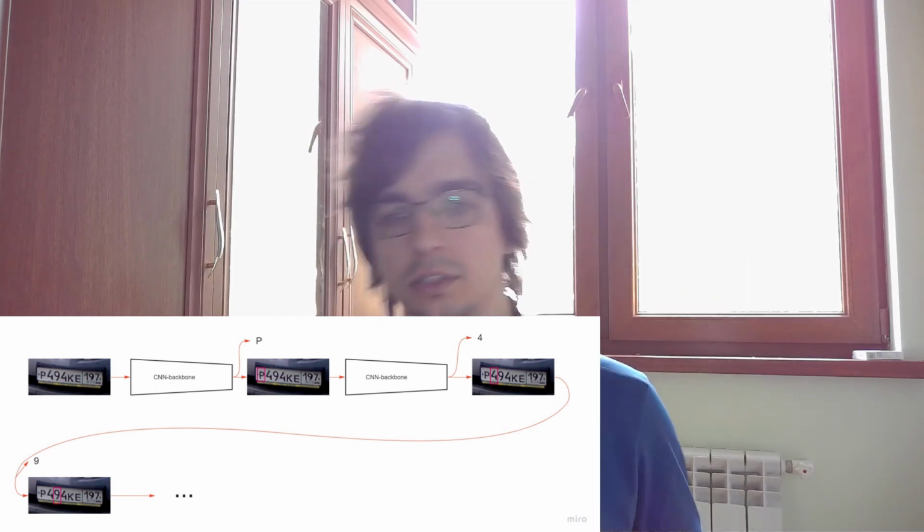Here you can see some examples. The cons: you need a large dataset for training. For some of the methods, it's necessary to mark even the special position of the letters. Some of these methods are pretty long to compute.